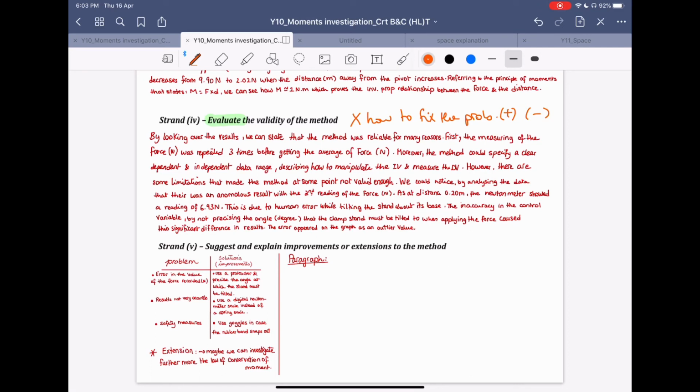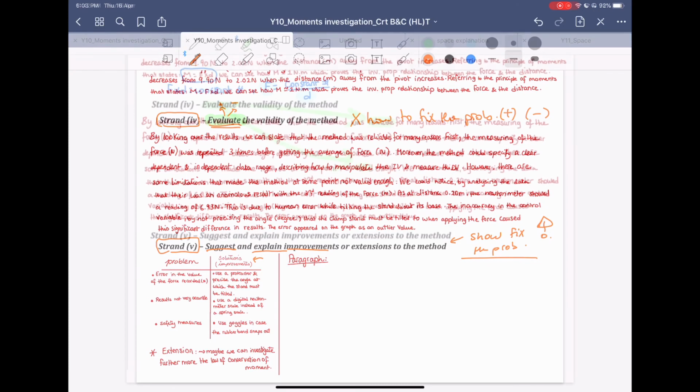In strand V, where you need to suggest and explain improvements, this is where you fix the problem. Okay, so pay attention to that. That's a very important point, that in strand IV, in criterion C, we just evaluate by giving pros and cons. In strand V, we fix the problem, we give solutions.